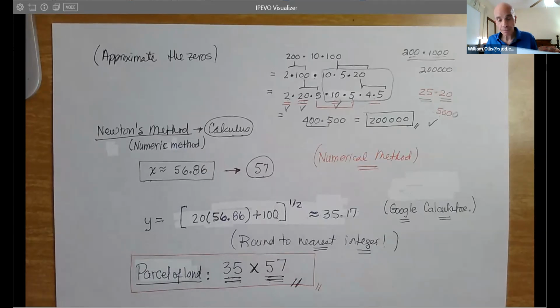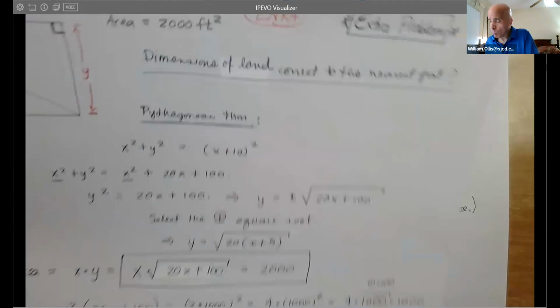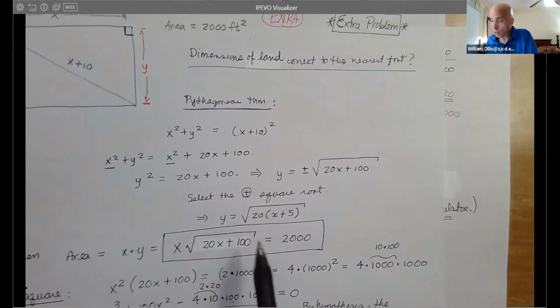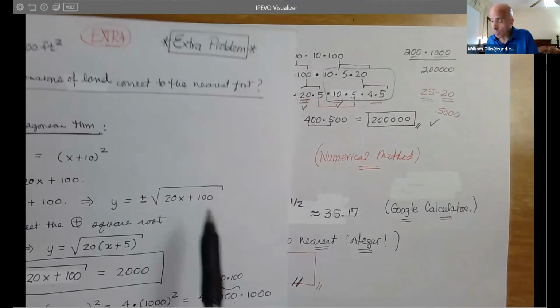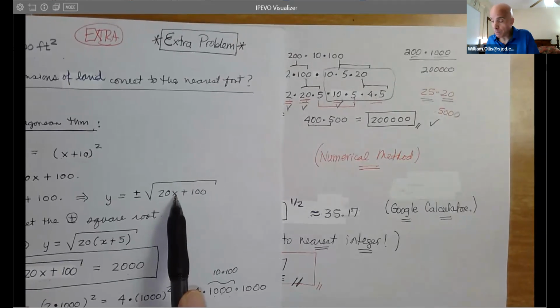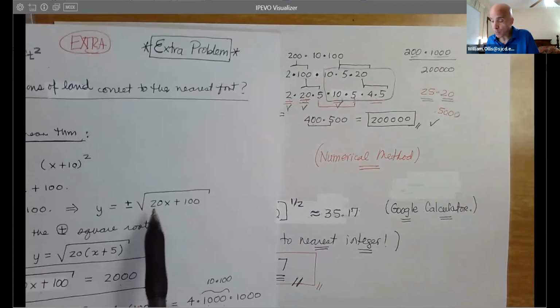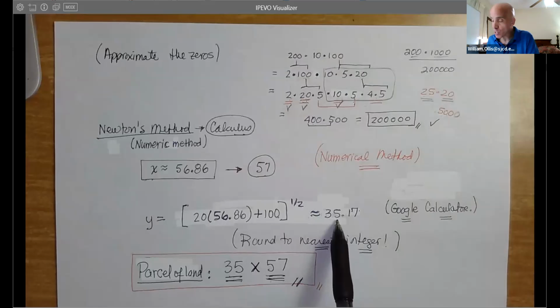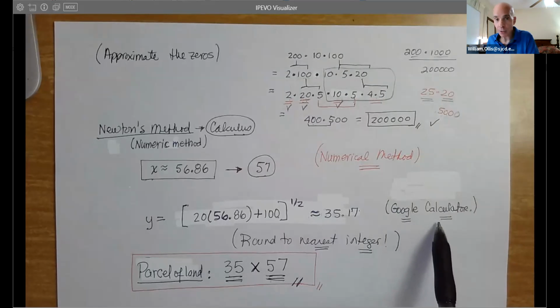And then I said, remember what y is, it's right here. This part, this radical right here. So I go in here and substitute 56.86 for x to get an approximation here. Hit it with a 20, add 100, square root, and get approximately, here I use my Google calculator.